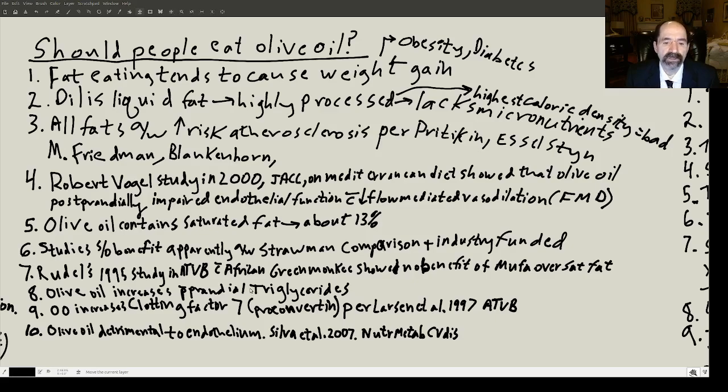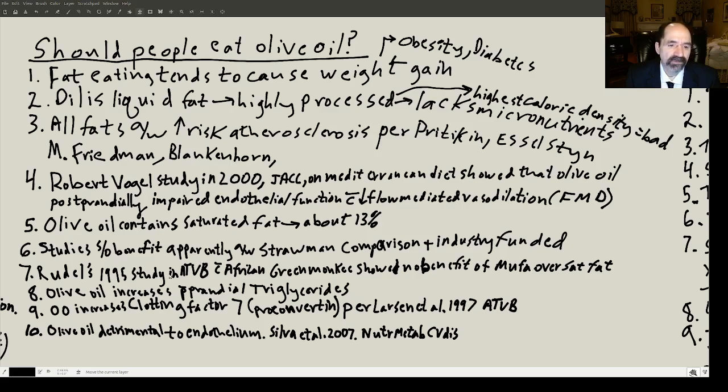Olive oil also does increase your postprandial triglycerides in the blood, and that is a risk factor for atherosclerosis. Olive oil increases clotting factor number 7, also called proconvertin. That's a little bit complicated, but I think it's going to cause a little bit of an increase in the tendency of the blood to clot. The author's name for that paper was Larson et al., 1997, same journal.